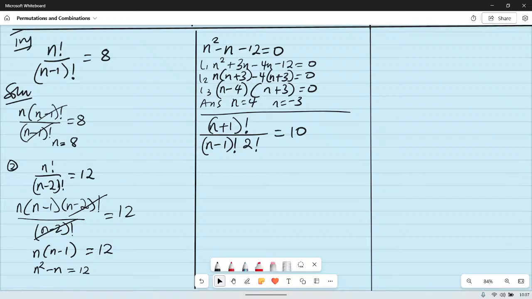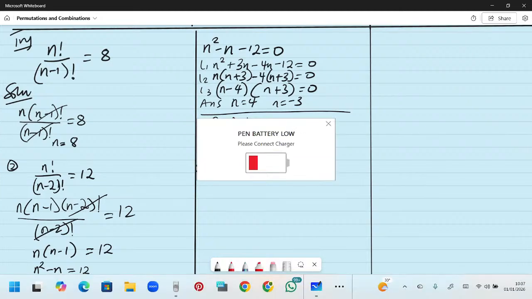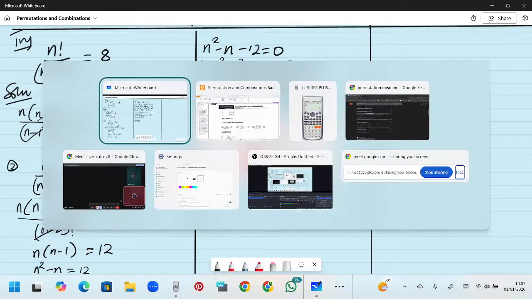Okay. So, solution. Hey, please connect the charger. My pen is on no battery.